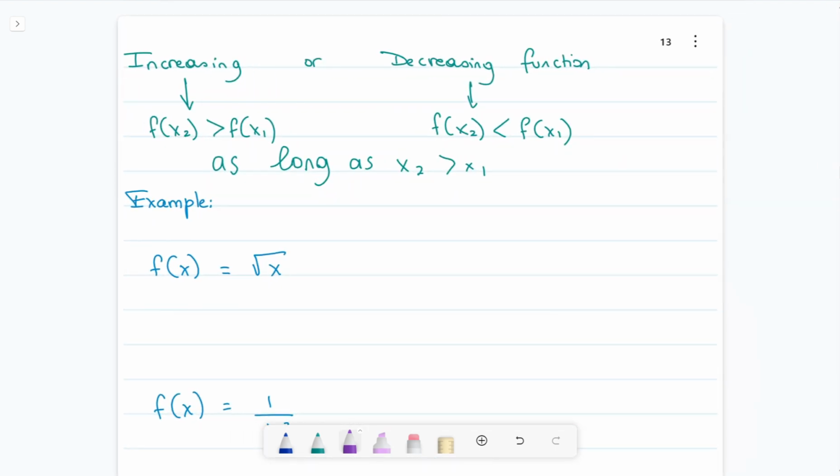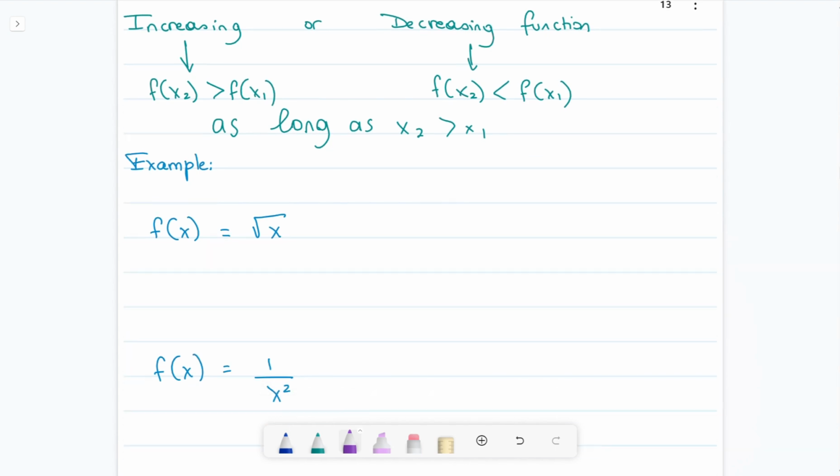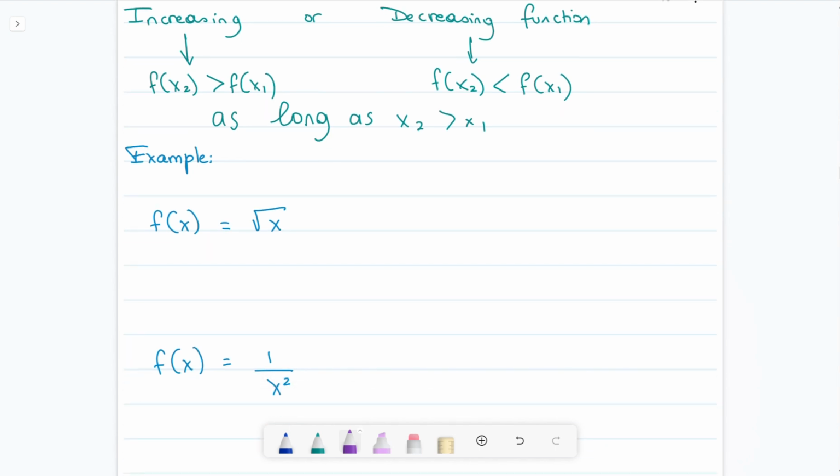Now let's look at whether a function is increasing or decreasing. A function is increasing if f of x2 is greater than f of x1, and decreasing if f of x2 is less than f of x1, as long as x2 is greater than x1. So for example, let's look at square root of x. Let's take x1 equals 0, x2 equals 1.